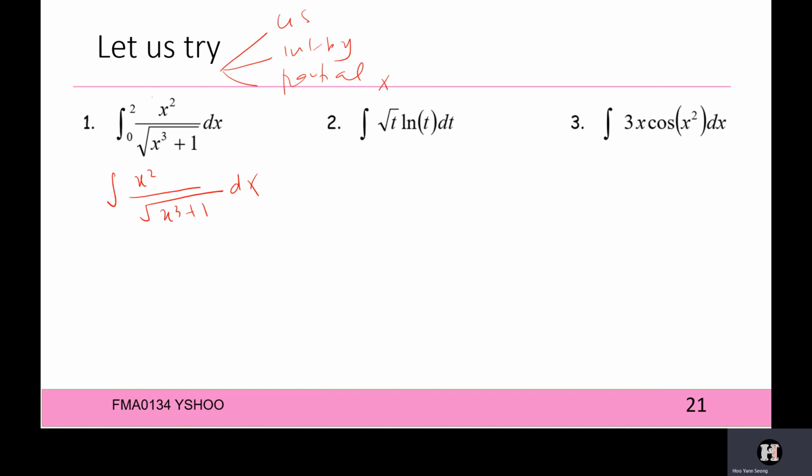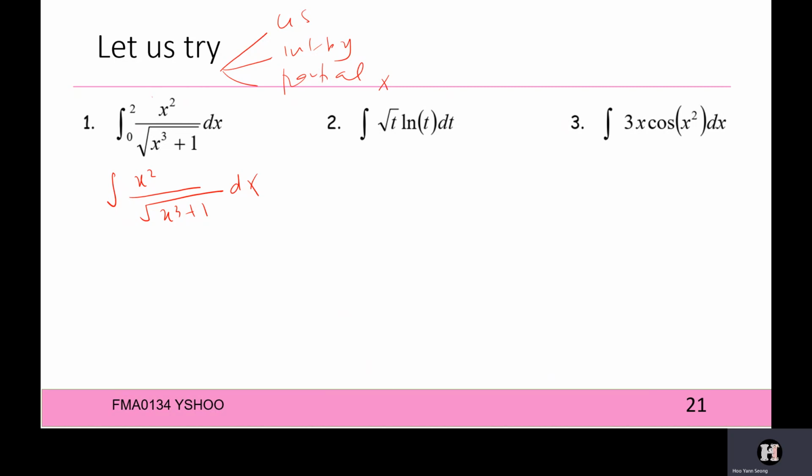When we have a substitution, you look at your function. The numerator is x squared, and the denominator is a square root of x cubed plus 1. You need to think critically about whether you want to bring your square root together with u or not.